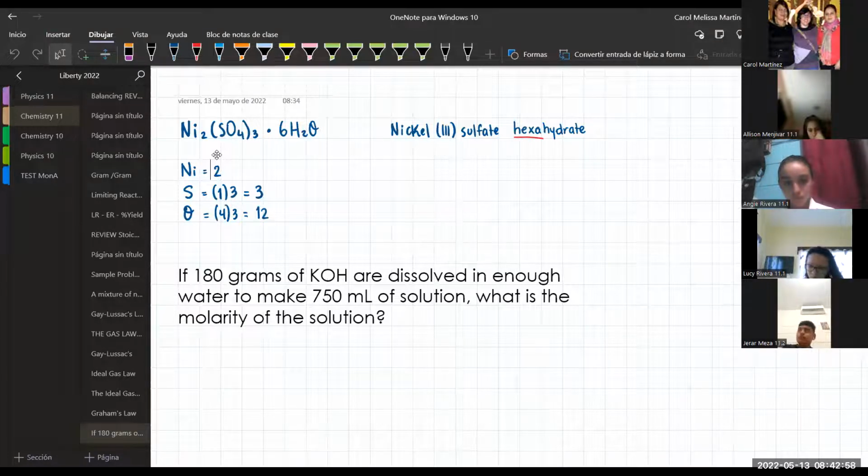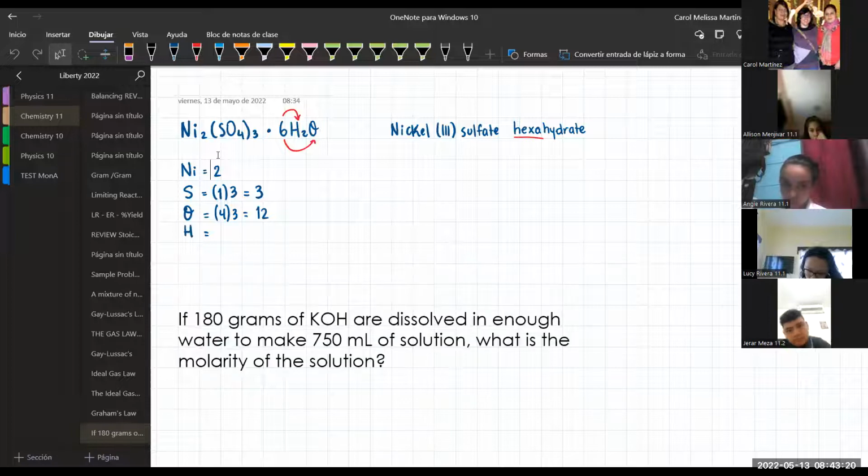I continue now with the water part, and for this, I apply distributive property. 6 is my coefficient, so for my hydrogen, it's going to be the coefficient 6 times my subscript 2.